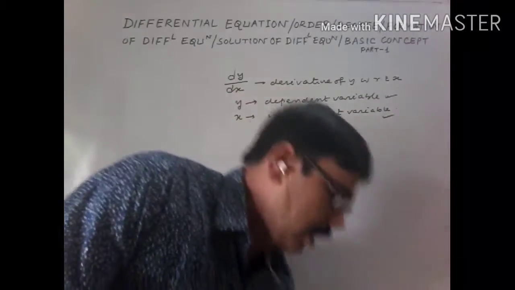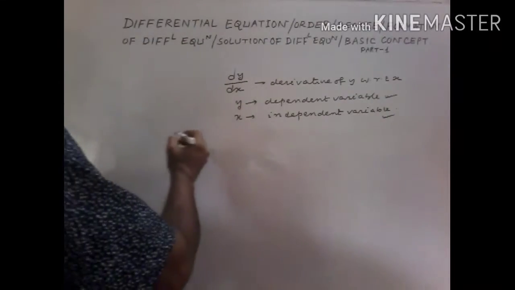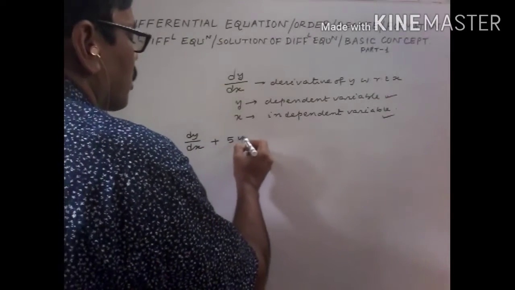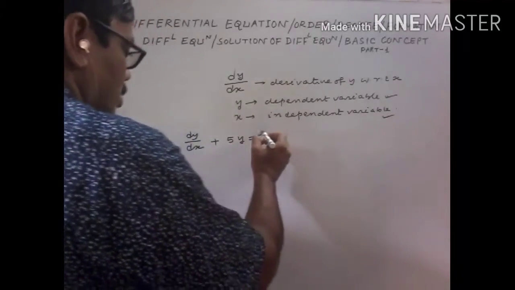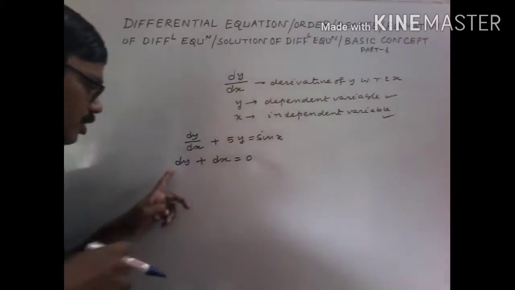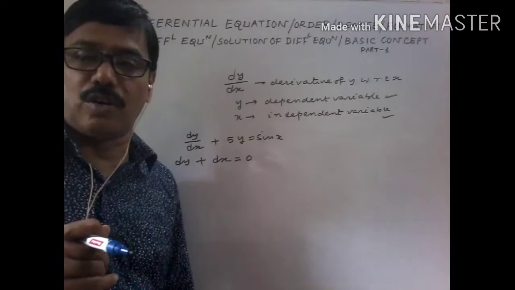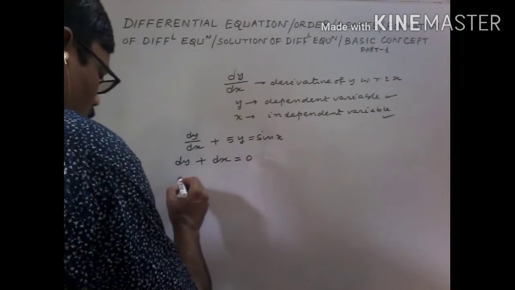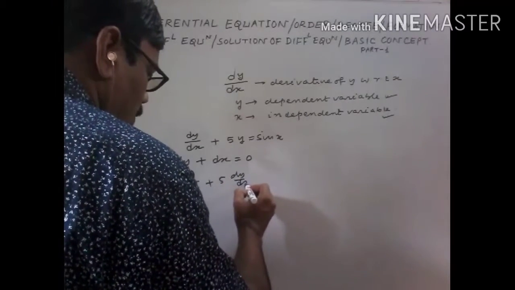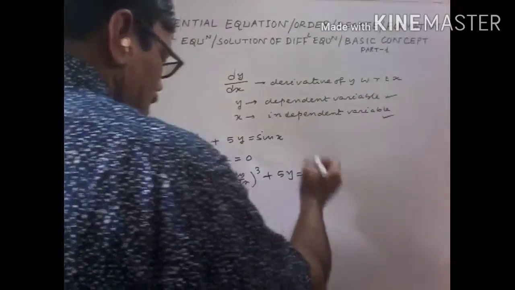So what is a differential equation? Let us consider some examples. dy by dx plus 5y equals sin x. Suppose dy plus dx equals 0. Here dx is the differential of x and dy is the differential of y. Then d2y dx2 plus 5 (dy dx) whole cube, plus 5y equals sin x.